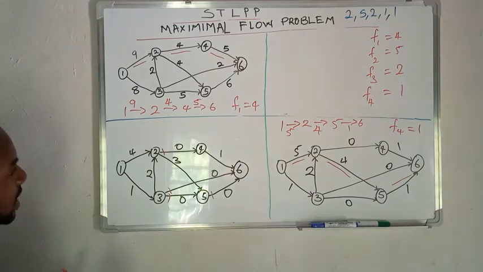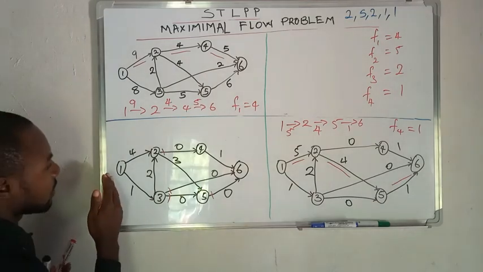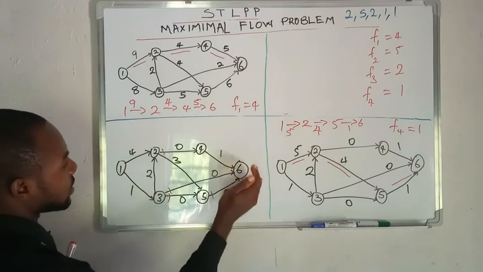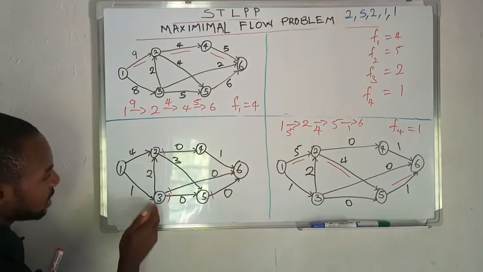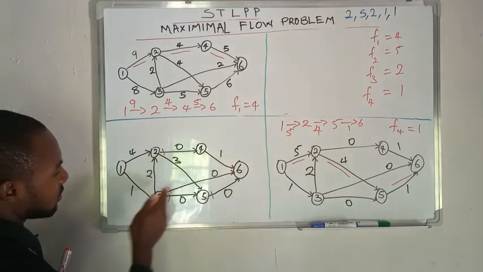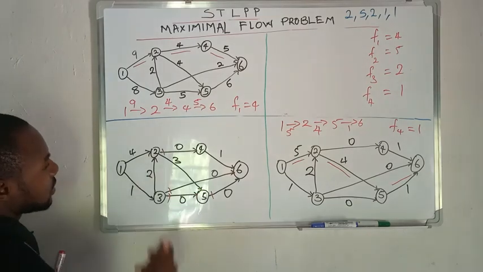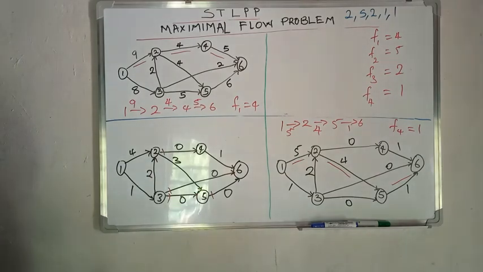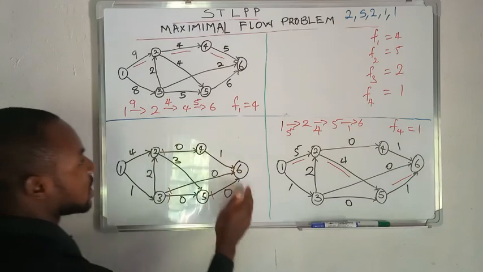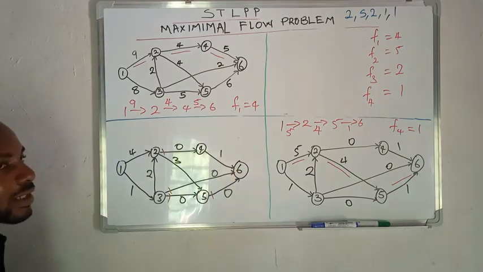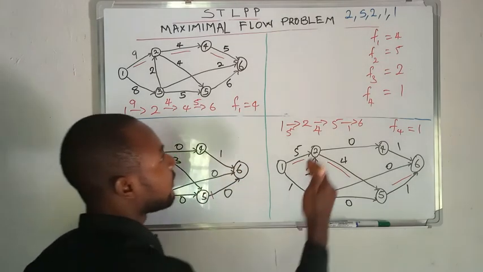So we check, is there any other path that can lead us from the source node down to the sink node? If we decide to go like this, we can't go to this place, and there is no other path that can lead us from the source node down to the sink node. And so we calculate the total flow that we have.